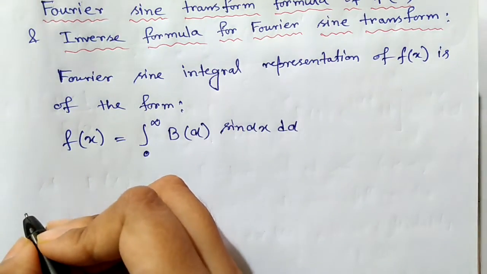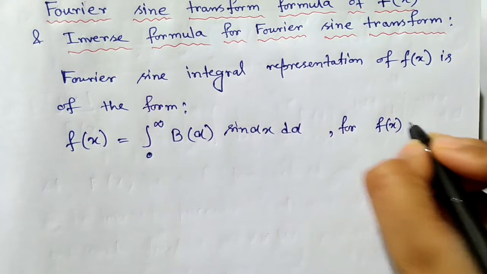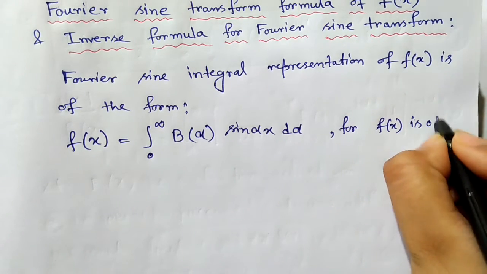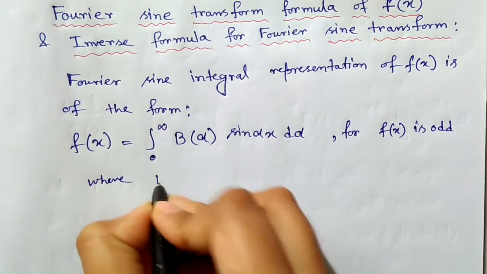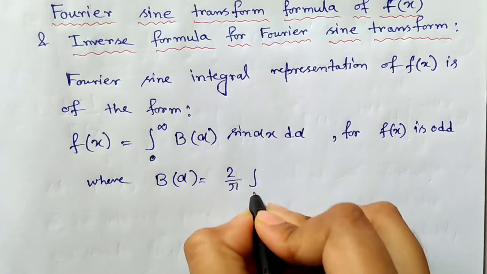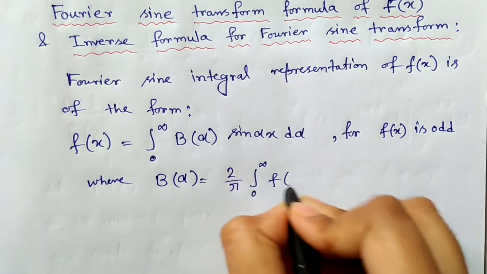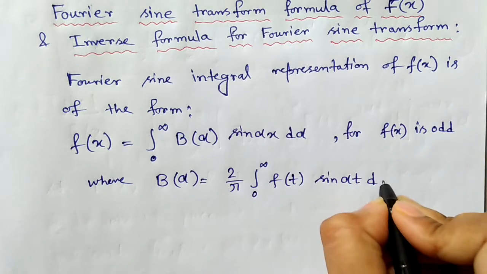This is obtained when f(x), our given function, is odd. In this case, the value of b(alpha) is 2 by pi integration 0 to infinity f(t) sine alpha t dt.